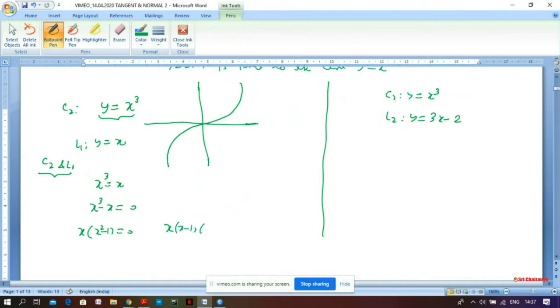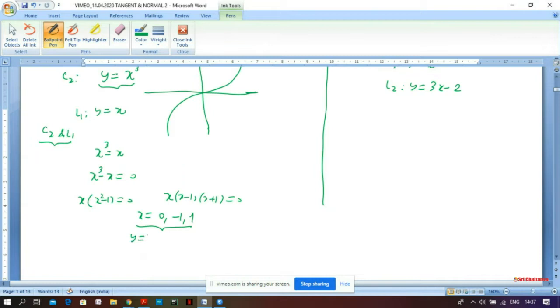We can factorize and we get x equal to 0, negative 1 and positive 1. The corresponding y values are x cube, so that gives you 0, negative 1, 1. So the curve C2 and line L1 meet at 3 points. Let's call them P1 (0, 0), P2 (negative 1, negative 1), and P3 (1, 1).